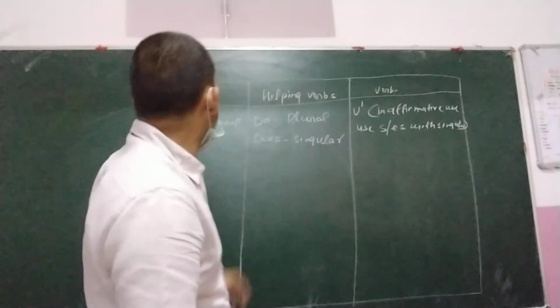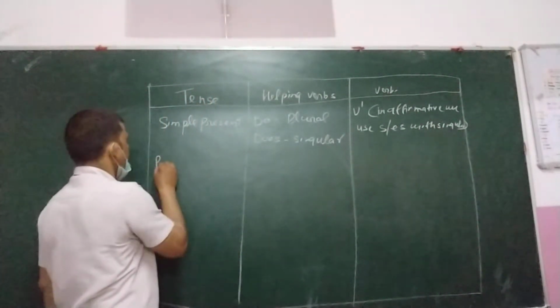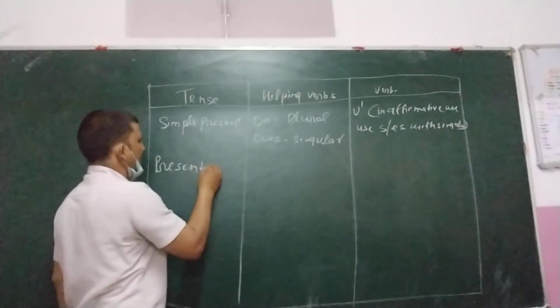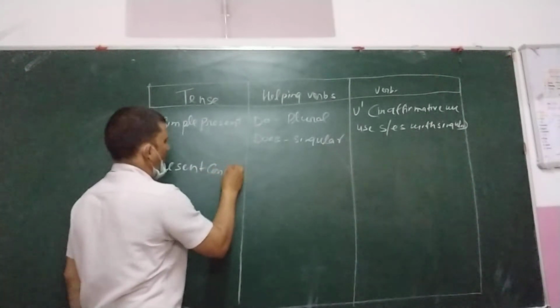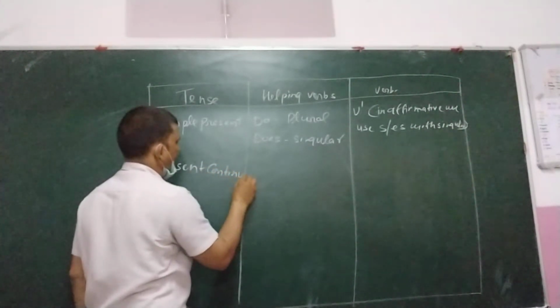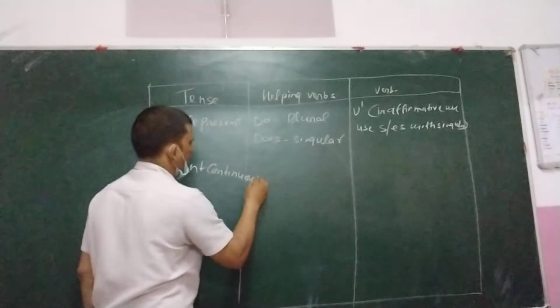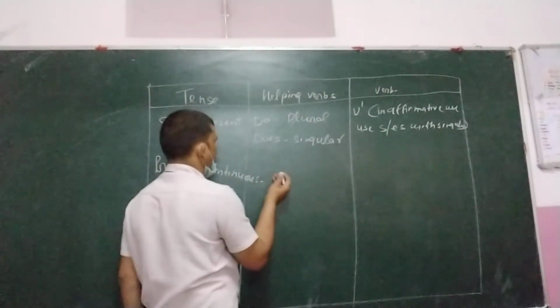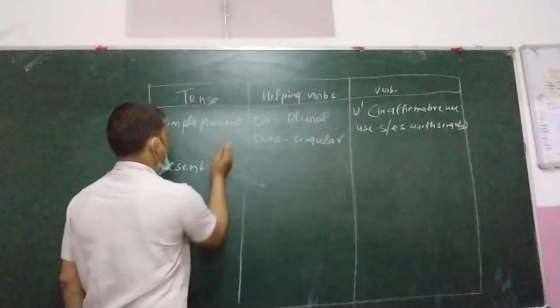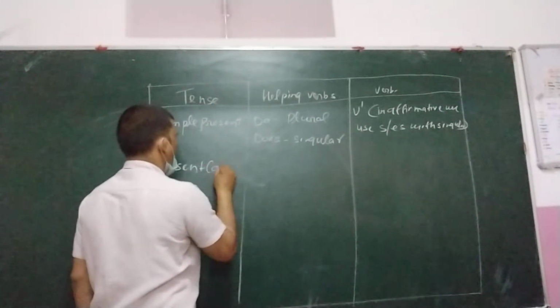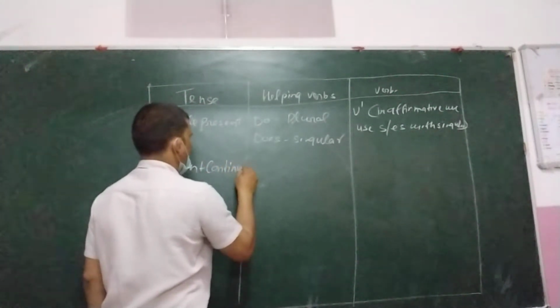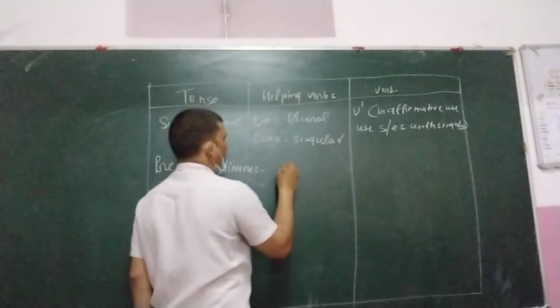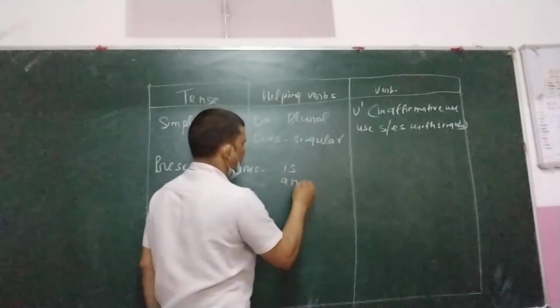Now it's turn to continuous. Present continuous. The helping verbs of present continuous are is, am and are.